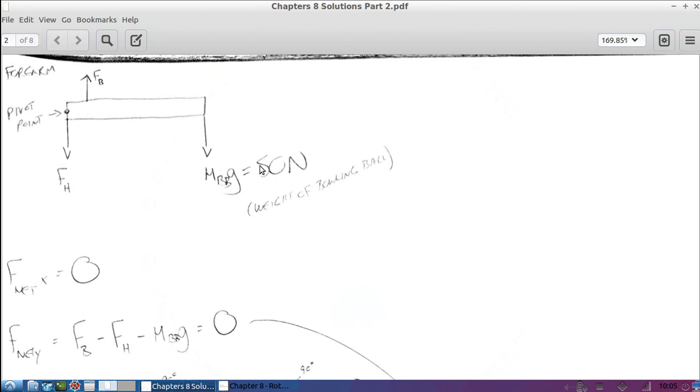If we could not neglect the mass of the forearm, we would have to take the length of the forearm, divide it by 2, and then I would have a weight force due to the forearm right in the center. So I would have another vector in the y direction right here in the center.